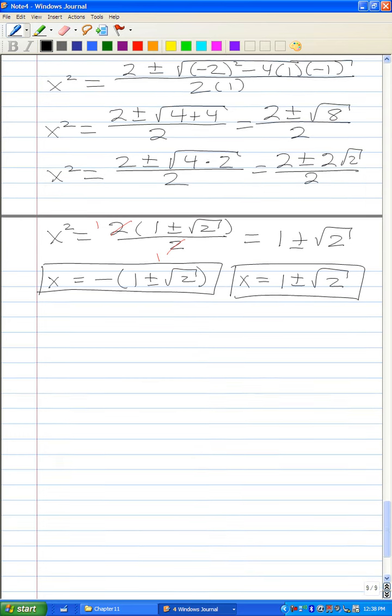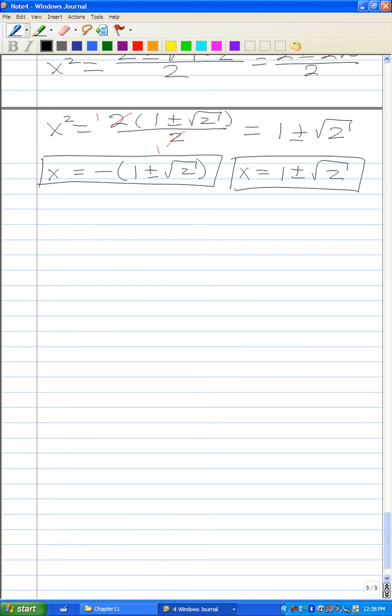Let me do problem number 59. x squared minus 3 minus 5 over x squared plus 1 equals 0. So let me get rid of the common denominator.